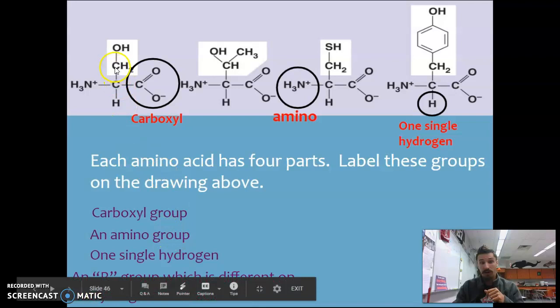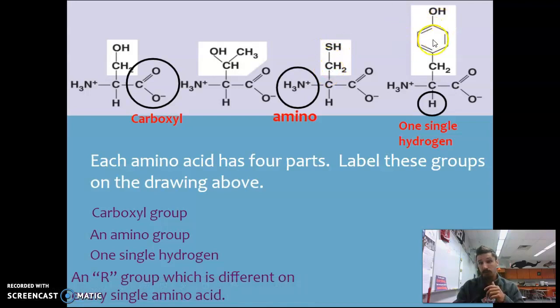So the R could be this group, the R could be this group, the R could be that group, or the R could be this group. The parts highlighted in white are what differentiate one amino acid from another, and what differentiate the 20 amino acids from each other. That's why there are 20 different ones, because this R group is different for every amino acid.